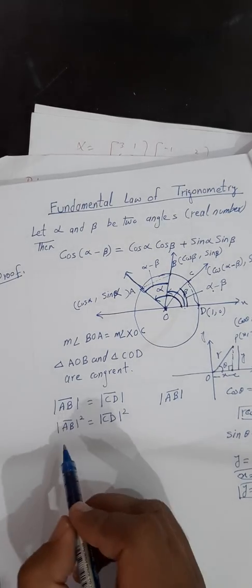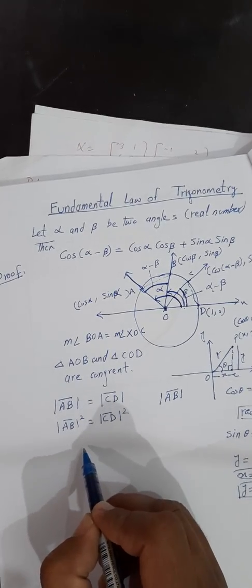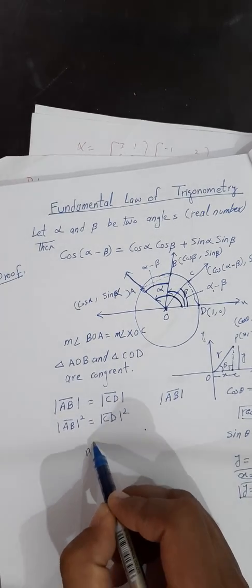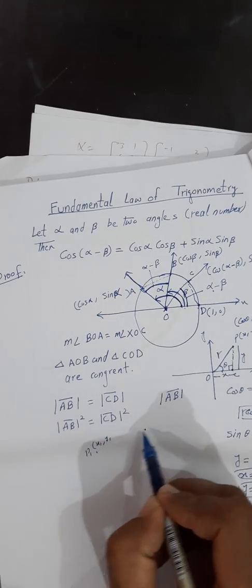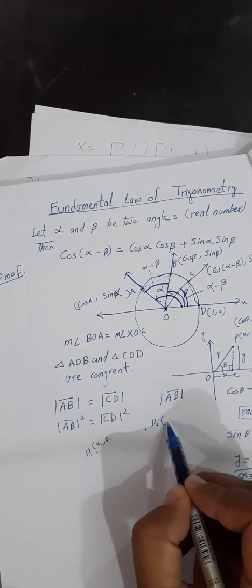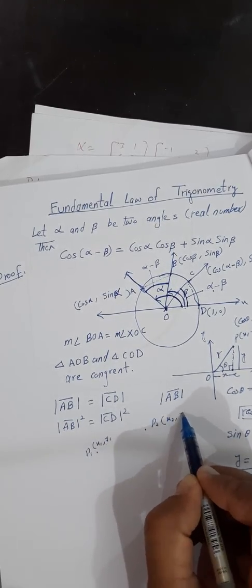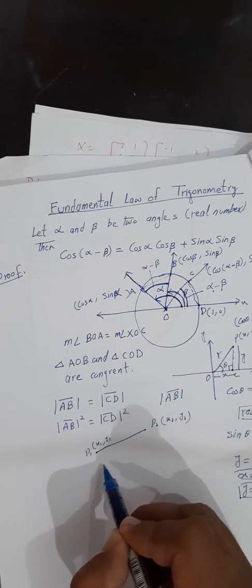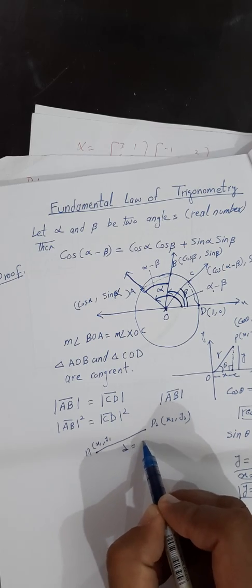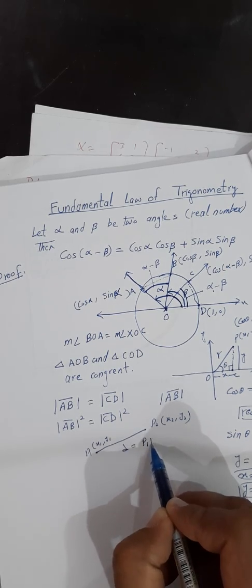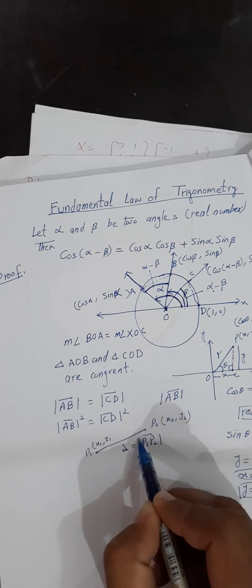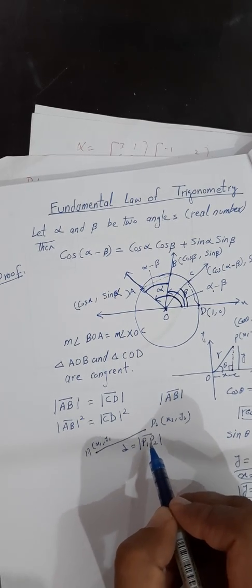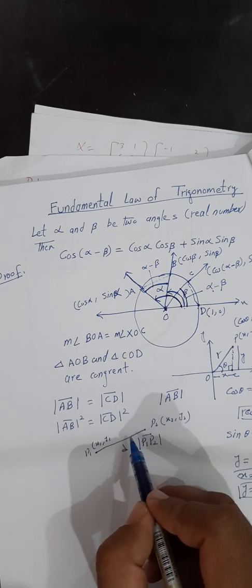Now, what is distance formula? If in xy plane there are two points, P1 with coordinates x1, y1, and P2 with coordinates x2, y2, how can we calculate this distance d? You can also say distance from P1 to P2. What is the formula for the calculation of length in space?